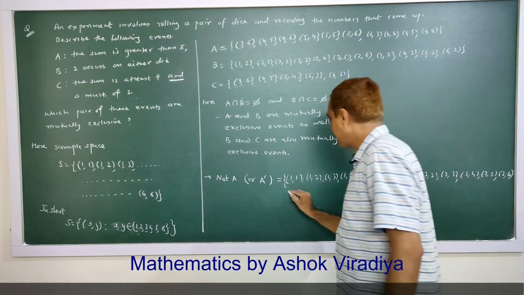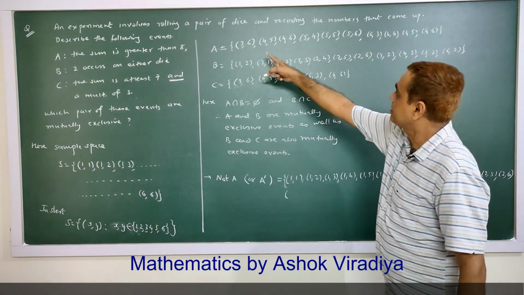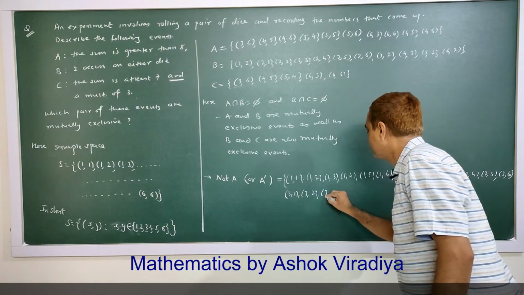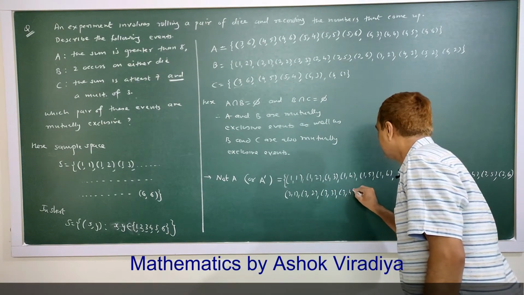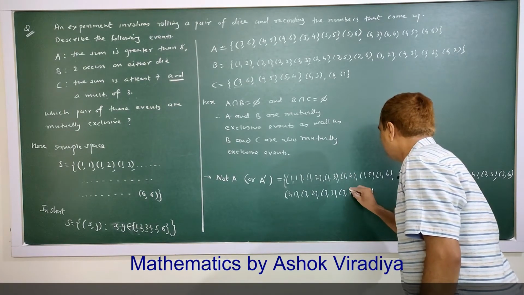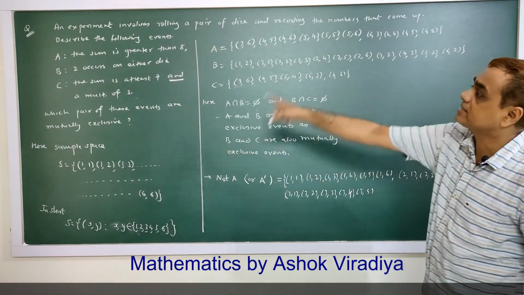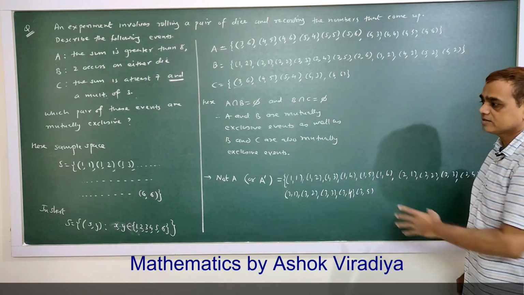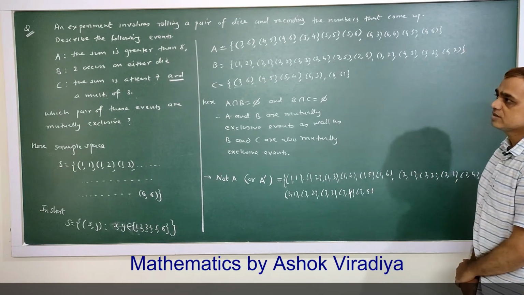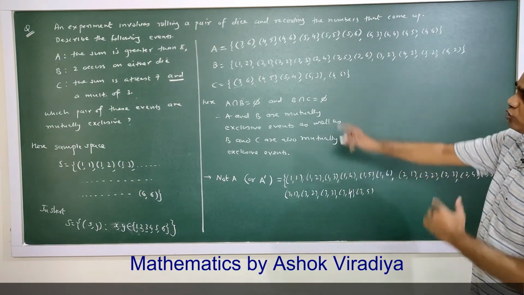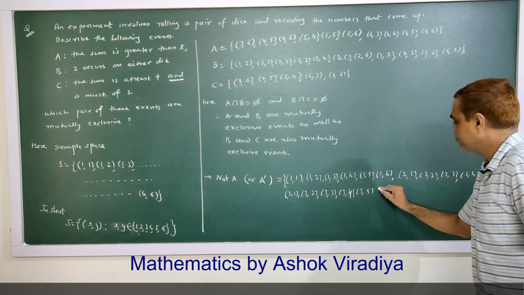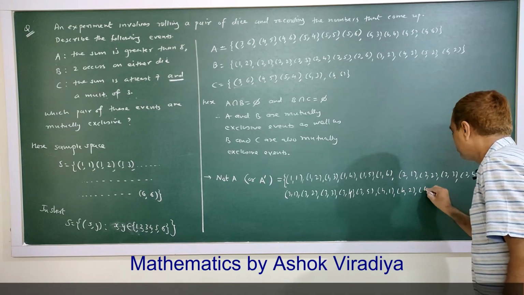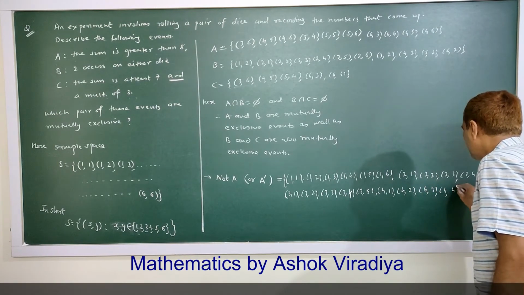Now from the third line, 3 6 is there. So 3 1, 3 2, 3 3, 3 4, up to 3 5. These elements are in S but not in A. Then 3 6 is there, so don't include it in A dash. Then the line of 4. Here there are 4 5, 4 6, so which are not there? 4 1, 4 2, 4 3, 4 4.